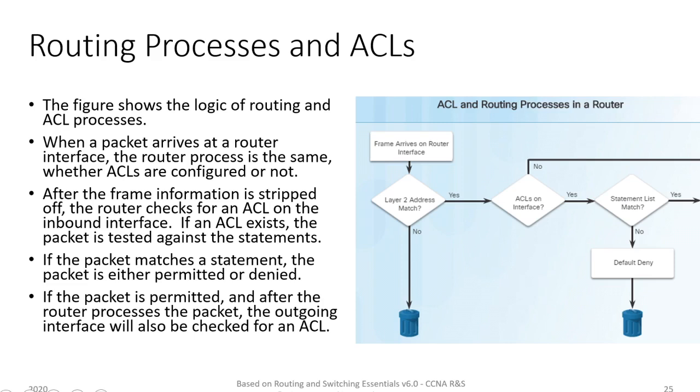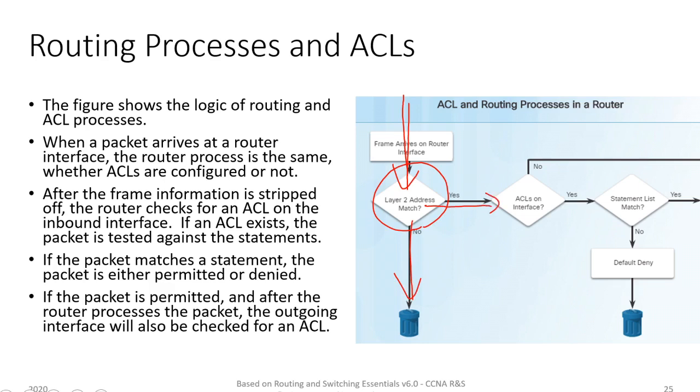Now, when we consider how ACLs work along with routing, say a frame arrives at a router interface. There will first be a layer 2 address match, and if that doesn't happen, it gets discarded at that point.